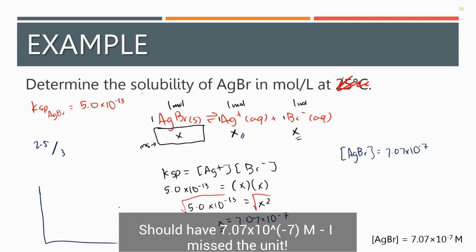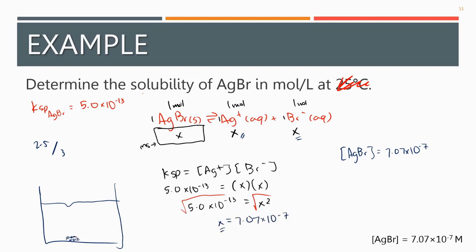Basically, what's happening here is we've got our beaker and we've got some solid. So we know that this solid, for the most part, is insoluble. But really nothing's 100% insoluble, so there's a very little concentration.